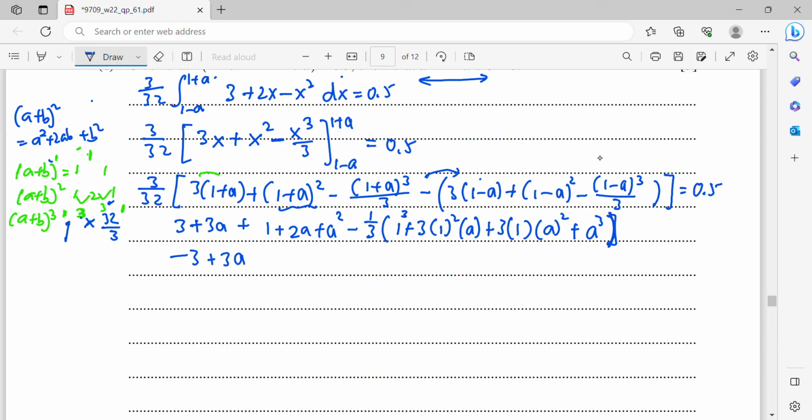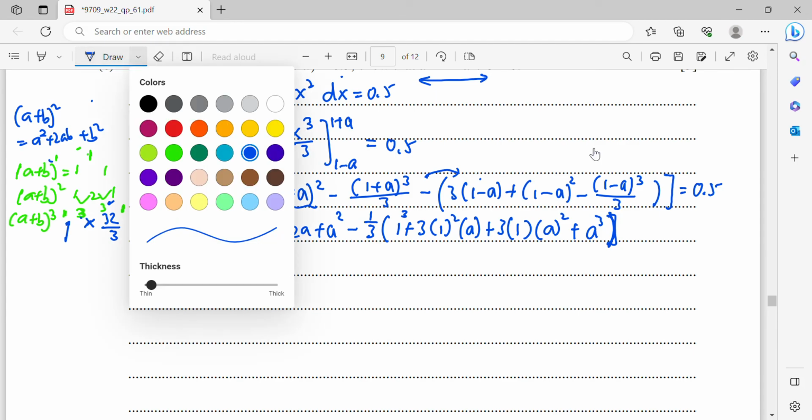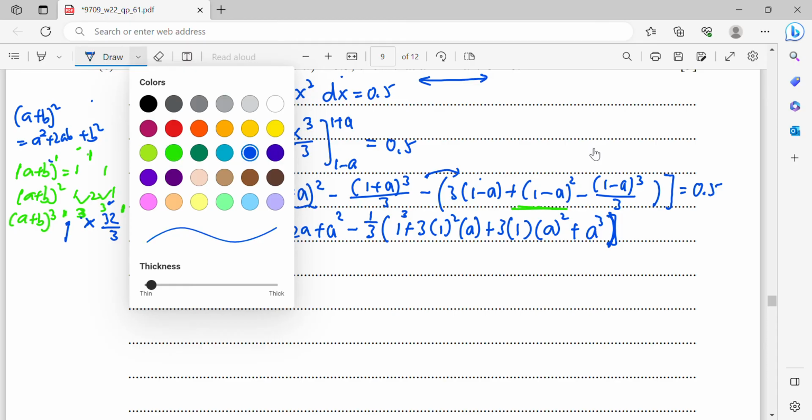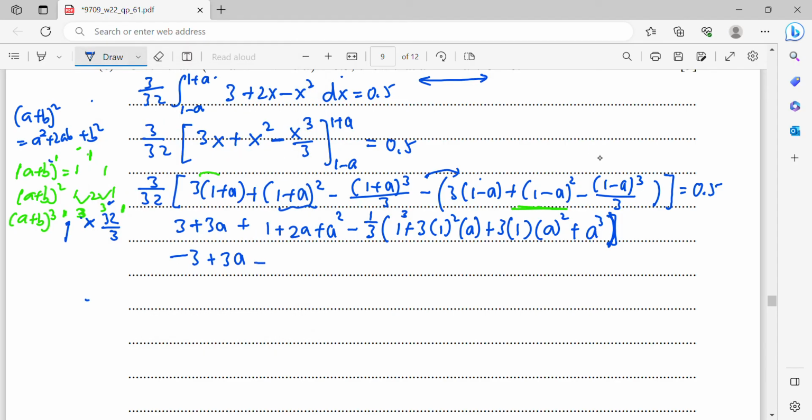Then this minus times to the plus of the squared, so it will be negative. Then do expansion for the quadratic. It will be 1 minus 2a plus a squared. And then this minus times to negative 1 over 3. It becomes plus 1 over 3.